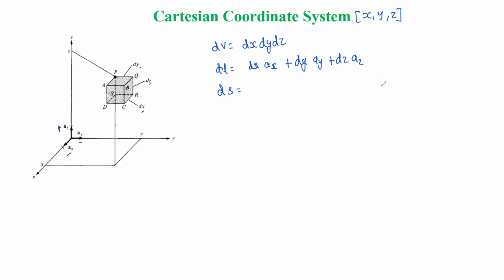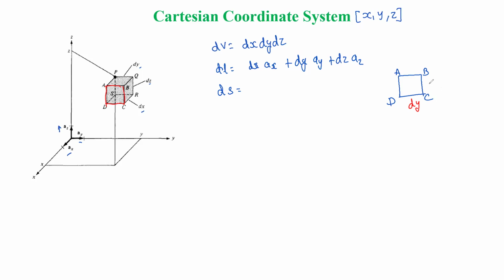Suppose, for example, you take the one surface that is looking there: A, B, C, D. From the diagram we are writing this one, A, B, C, D, this part. Now for this, what will be the dimensions here? What is the length of DC? DC will be dy.